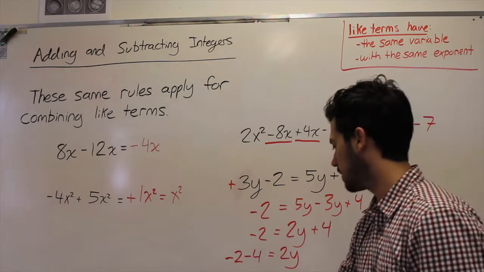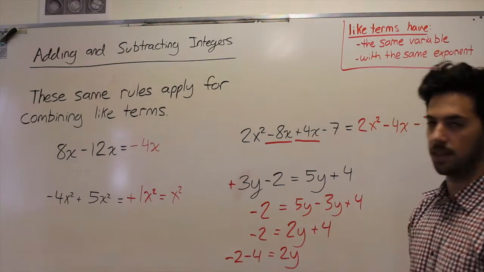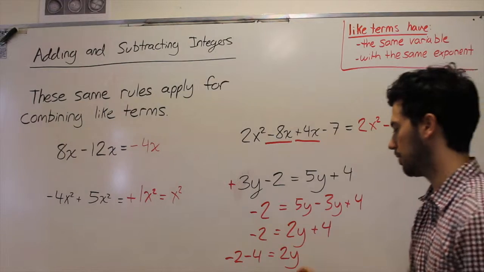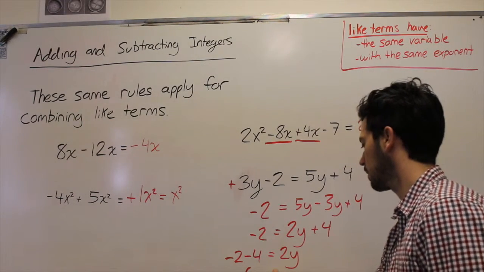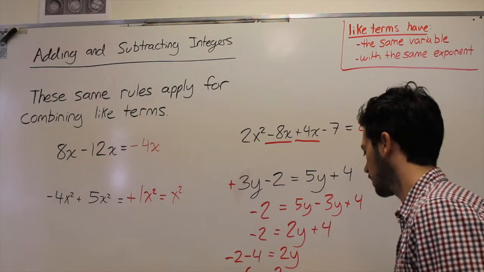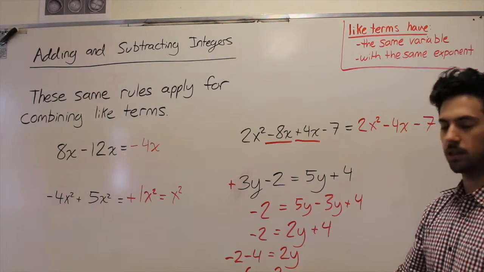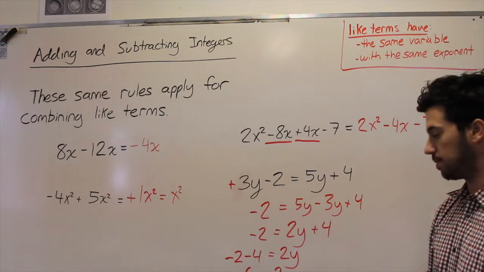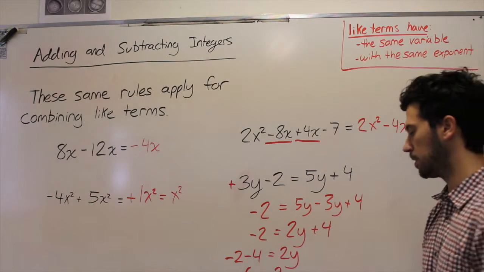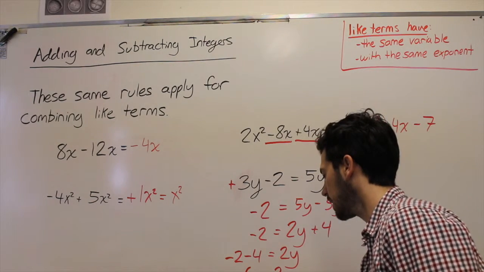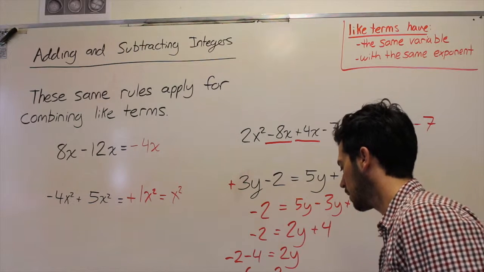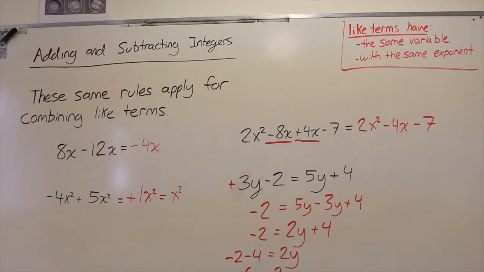We keep that sign, and we add these two natural numbers together. 2 and 4 is 6. We're left with 2y here. How do you get rid of a times 2? You divide by 2. So let's divide both sides by 2, and we're left with negative 3 equals y. So you see this comes into play just about everywhere in math, and now no amount of variables will scare you off.